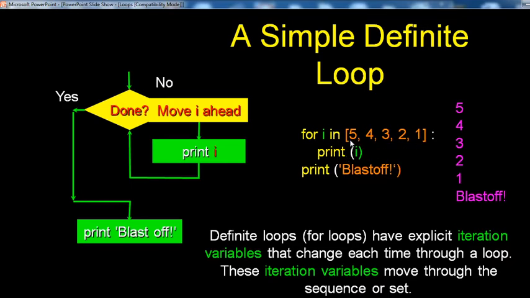Print i prints 5, then 4, 3, 2, and finally 1, and then prints blast off. That is the definition: an explicit iteration variable that changes each time through a loop, moving through the sequence or set. Only in this way does it execute, and that is why these are called definite loops.